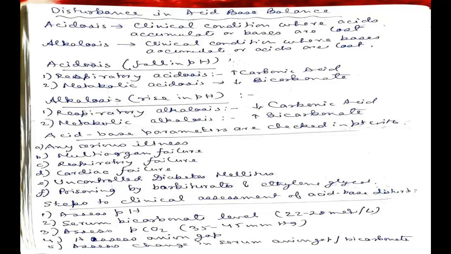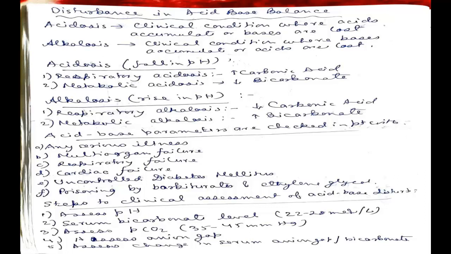In respiratory acidosis, there is increased carbonic acid, and in metabolic acidosis, there is decreased bicarbonate. Alkalosis may also be of two types, respiratory or metabolic. In respiratory, there is decreased carbonic acid, and in metabolic, there is increased bicarbonate level.